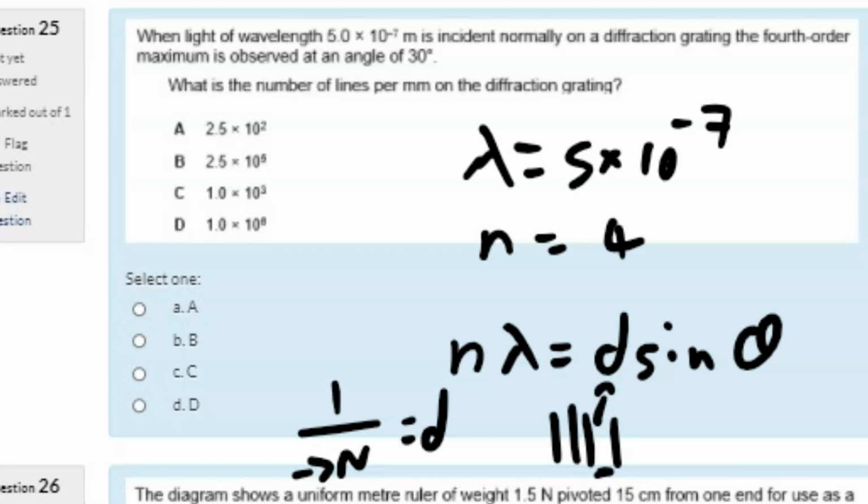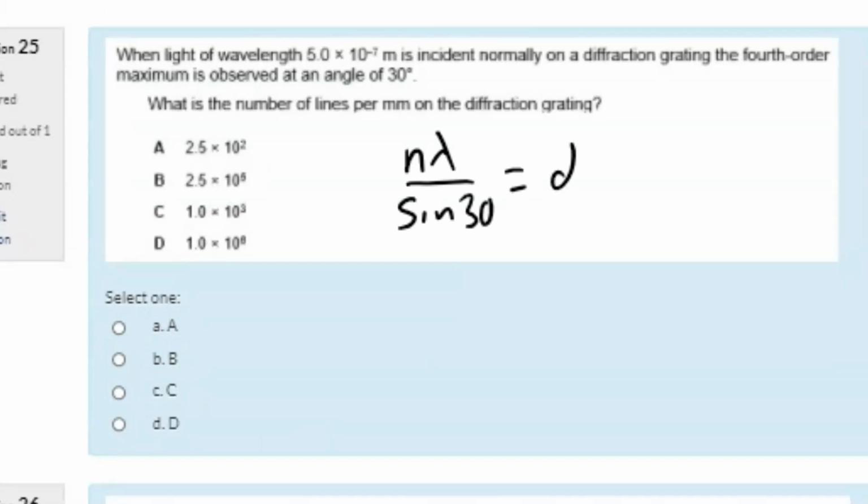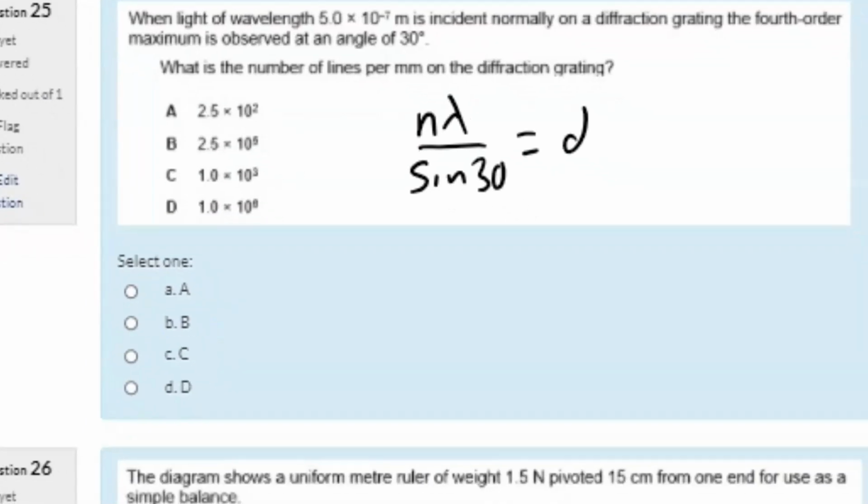We need to be careful, that's lines per millimetre, we need that in per metre. So there's a few things to do there. But let's get D and then we'll convert it afterwards, because we can convert that right at the end.